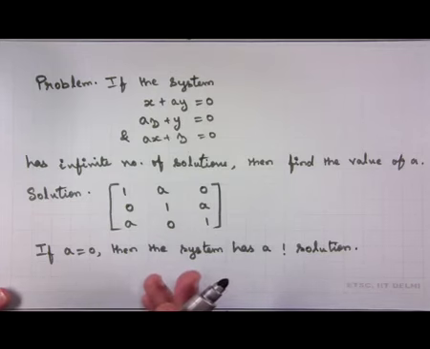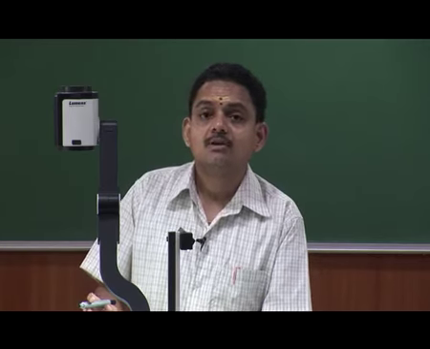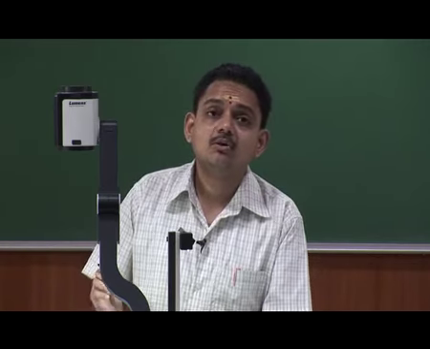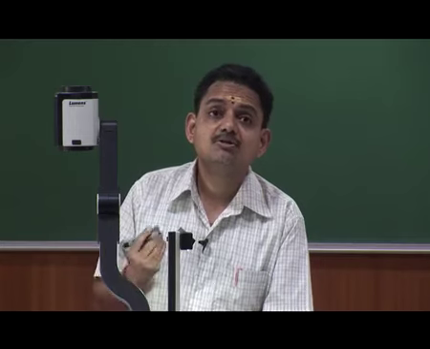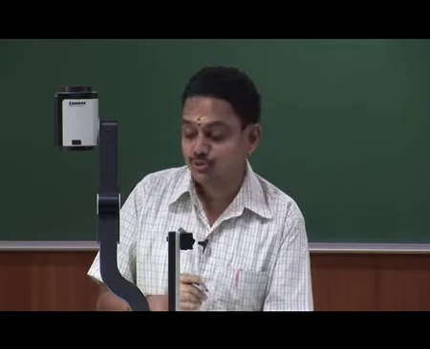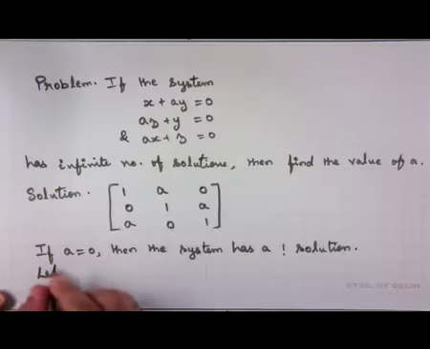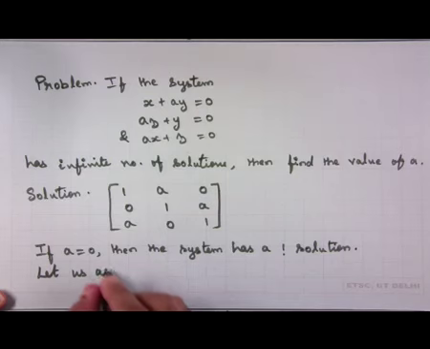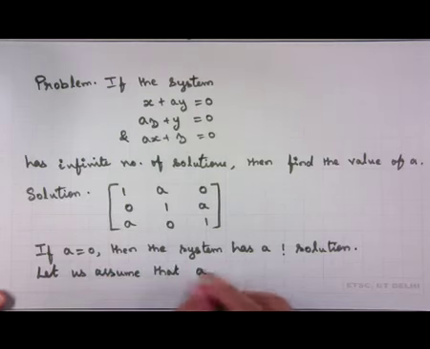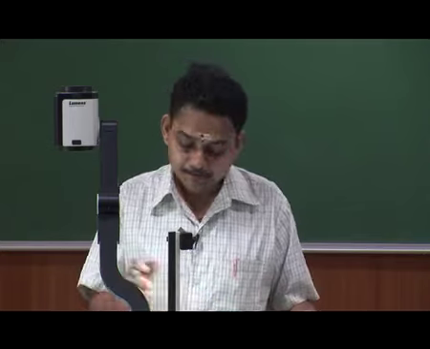Therefore, in this case the solution is just 0 0 0, but what we wanted is the value of A for which the system has got infinite number of solutions, and therefore, A equal to 0 is not allowed. So, let us assume that A is not equal to 0. Now, let us try to convert it into its RRE.